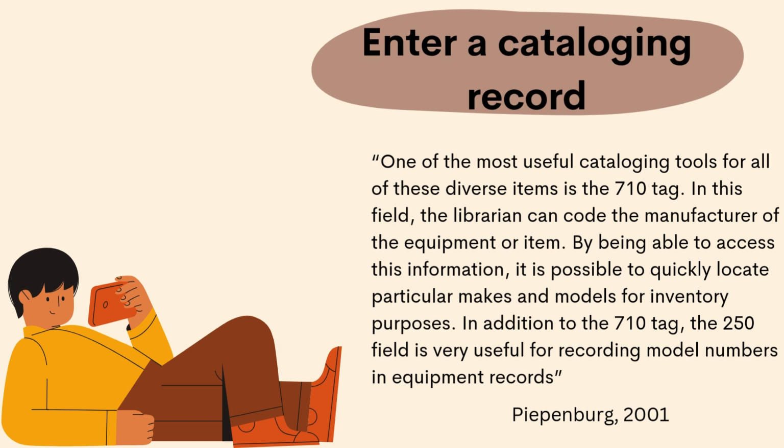By being able to access this information, it is possible to quickly locate particular makes and models for inventory purposes. In addition to the 710 tag, the 250 field is very useful for recording model numbers in equipment records.